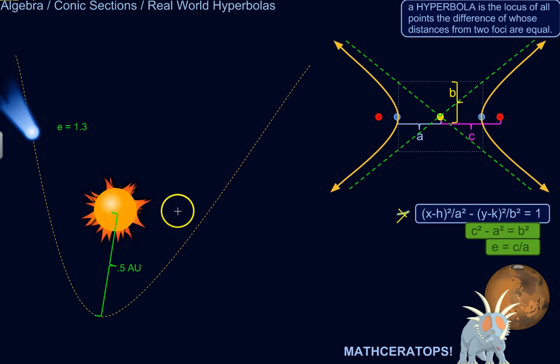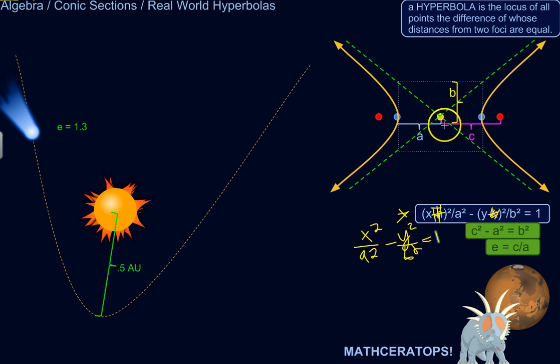But we're going to say our coordinate system in space is such that the orbit of this comet is centered on the origin. So what we really want is x squared over a squared minus y squared over b squared equals 1. So we need a and b.